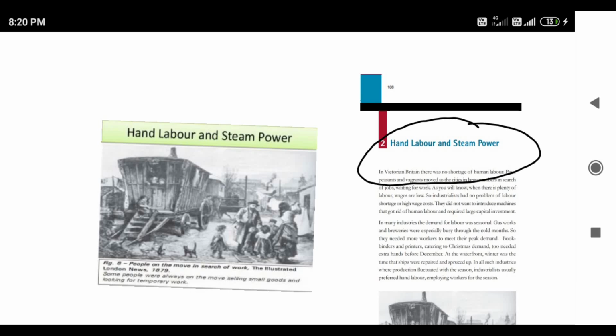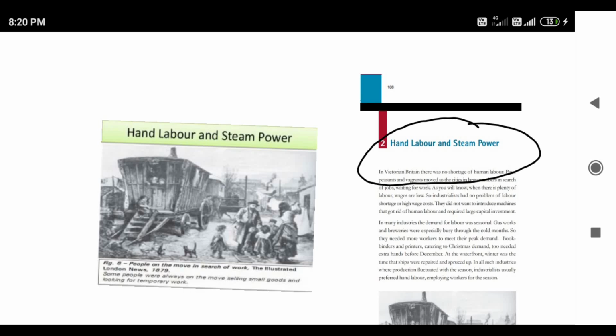Now there is a confusion. If machines were available, then why did the industrialists prefer hand labor over machines? It was because there were plenty of laborers.